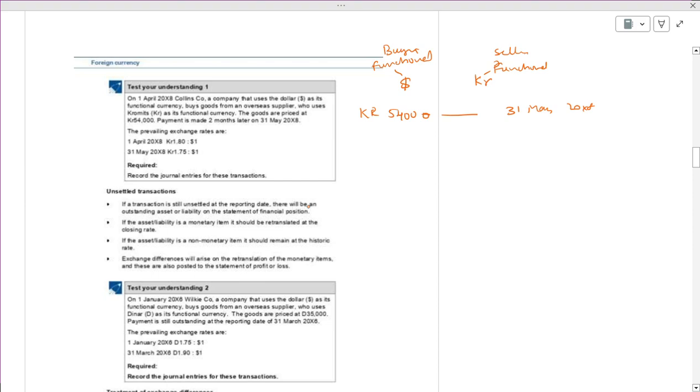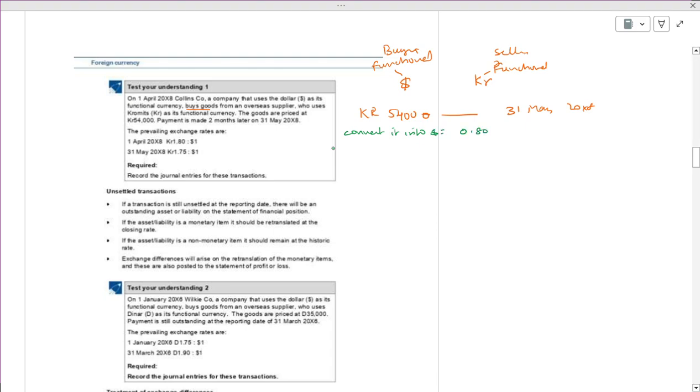First, what is the transaction amount, and what is the exchange rate? 0.8 KR is equal to $1. How many dollars are you buying? You are the company that uses the dollar as functional currency and buys goods. First you have to convert it into dollars.